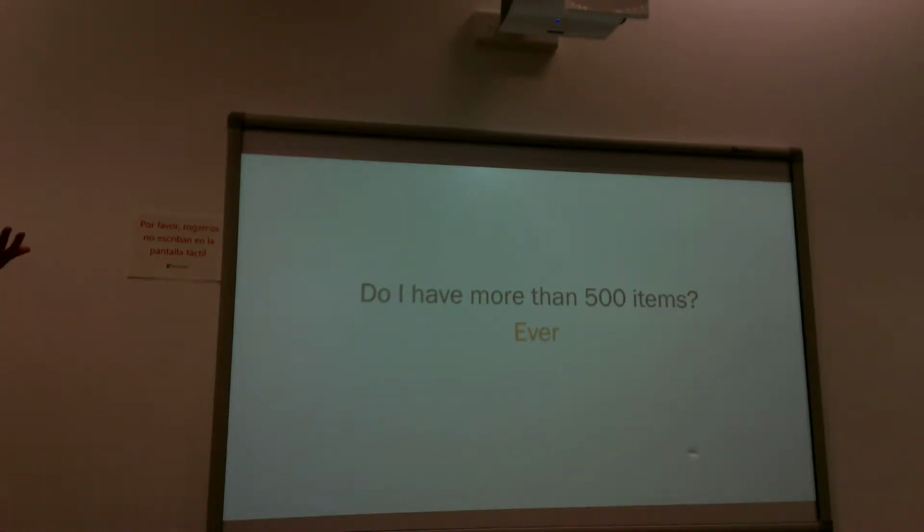After 6 months, do I have more than 500 items? After 1 year, do I have more than 500 items? In many cases you have. And then you have to figure out what to do. Then you have to get rid of those delegation issues. You have to start archiving your items, maybe, or you have to change your data source. But you have to do something.